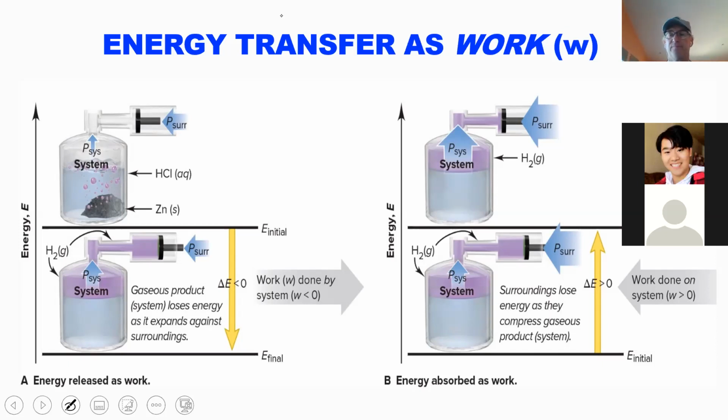You're adding force, pushing that down, and so you're compressing the gas inside the system, and that pressure goes up. When that pressure goes up, that energy is absorbed as work, and energy increases. And so we say that work has been done to the system, and w would be positive.